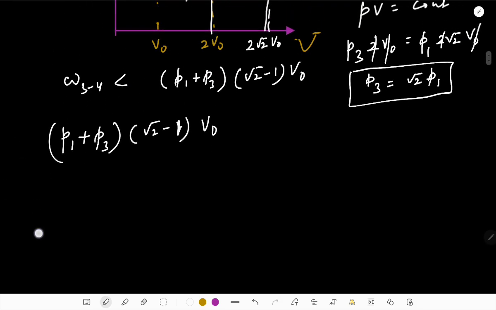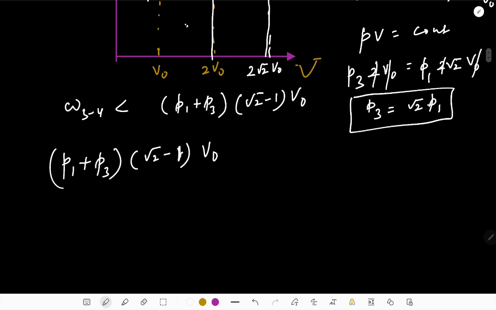If I can calculate this work done W34, which I am not calculating, but it will be smaller than this, so I can find the value of (P1 plus P3) multiplied by (root 2 minus 1) V naught, and you can write here P1 plus root 2 P1 in place of P3, times (root 2 minus 1) V0.